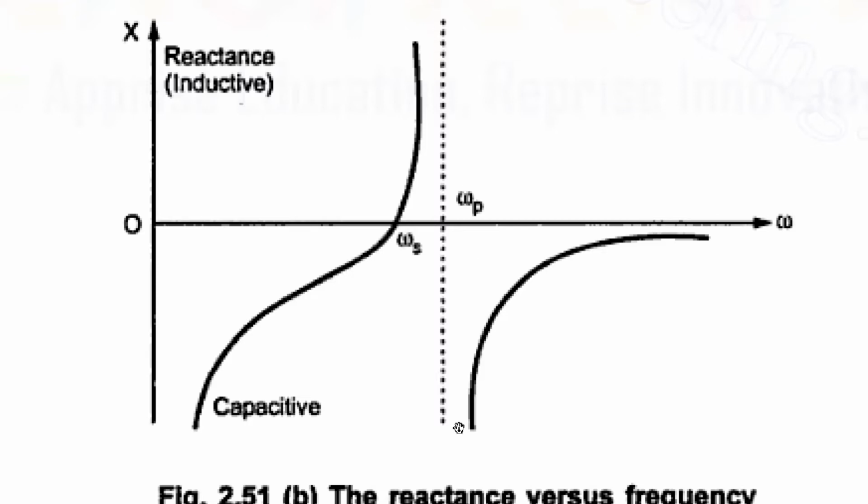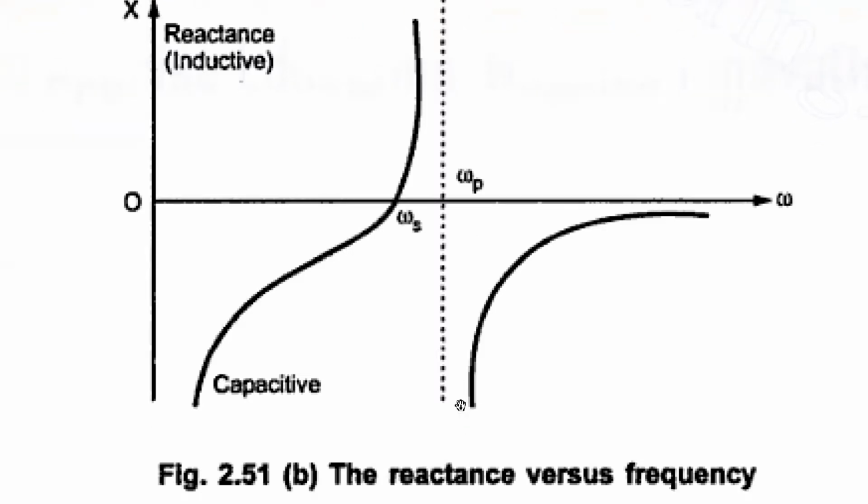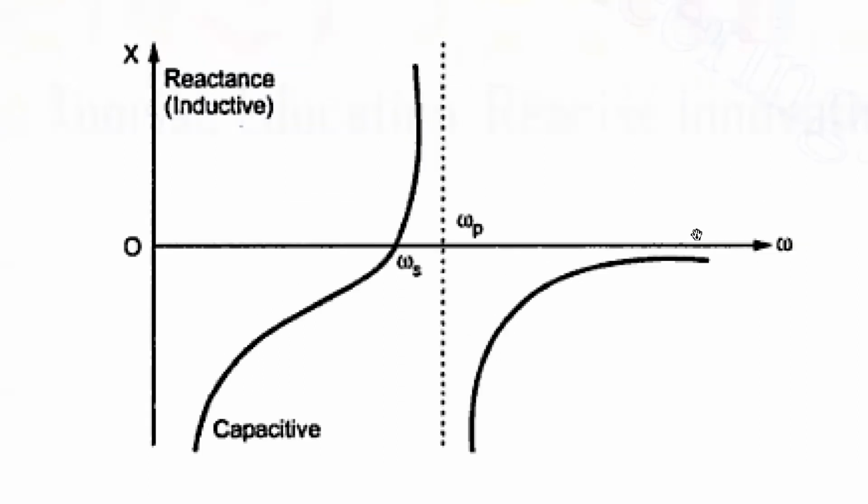When omega is slightly greater than omega p, then x is minus infinity. And as we gradually increase omega, when omega tends to infinity, the graph of the reactance will touch the x-axis at infinity. Okay, so this is the graph.